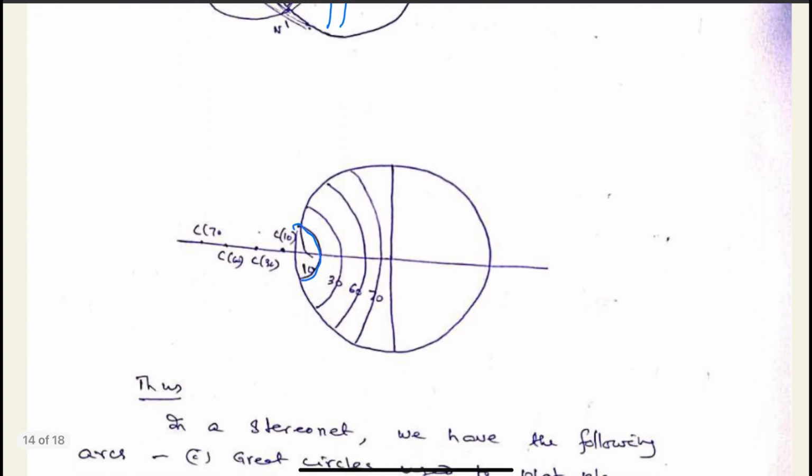Thus we got these circles. This is O, OC for different angles. For 10 degree angle, this is. For 20 degree angle, this. 30 degree angle like this. For 40, 80, 90 like this. So finally 90 will be this line.